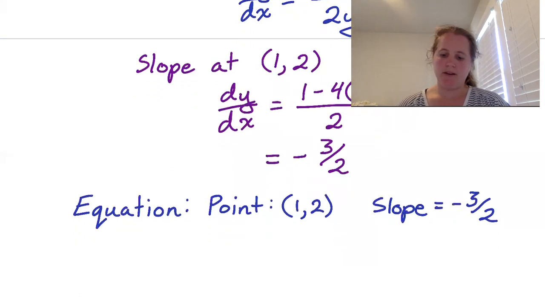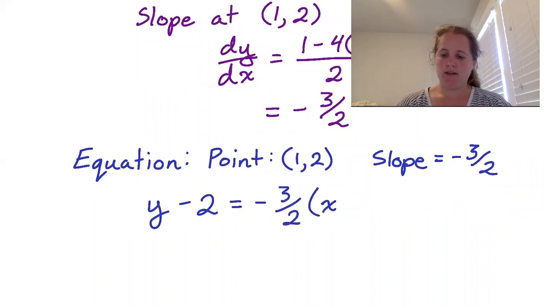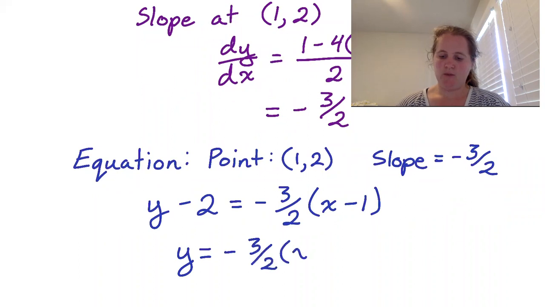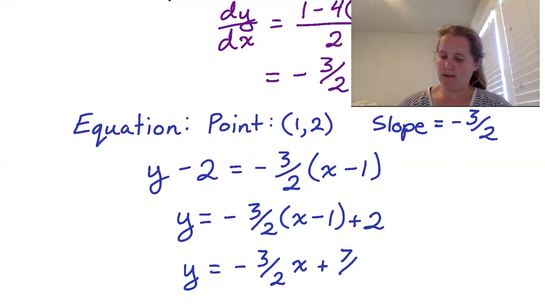If we put that all together, we have y minus 2 is equal to negative 3 halves times x minus 1, or y is equal to negative 3 halves times x minus 1 plus 2, an alternative point slope format, or y is equal to negative 3 halves x plus, let's see, that would be 3 halves plus 4 halves, so plus 7 halves.